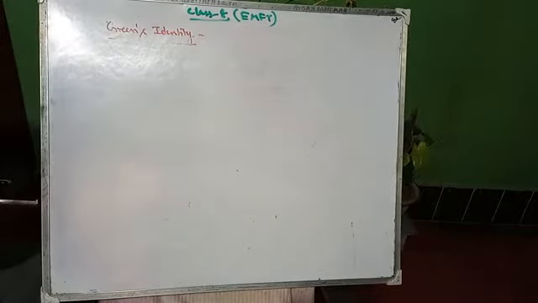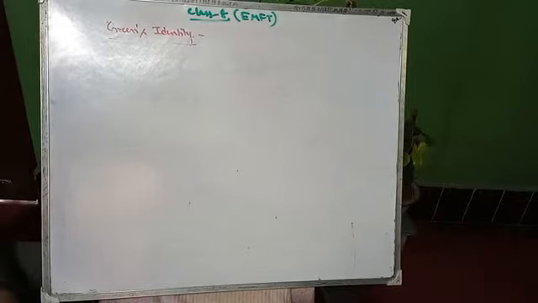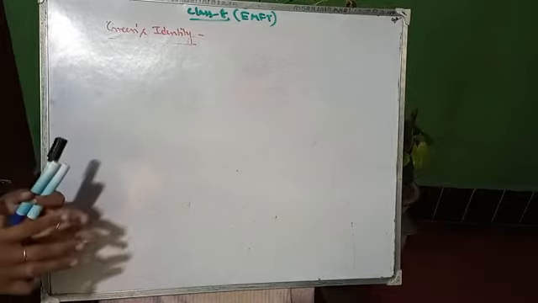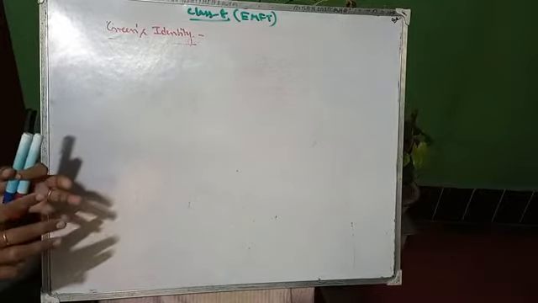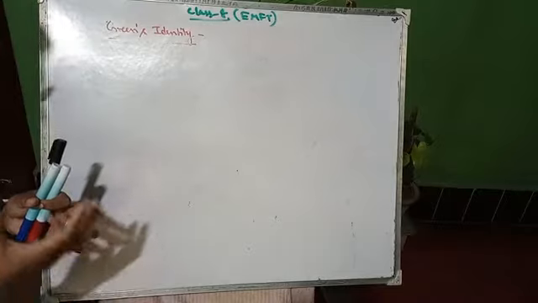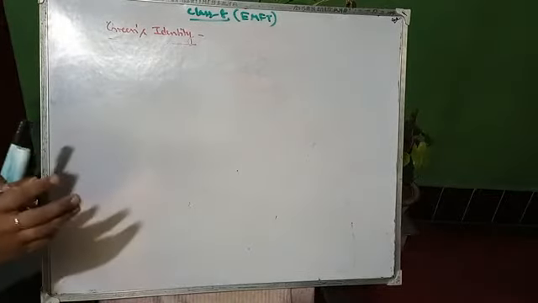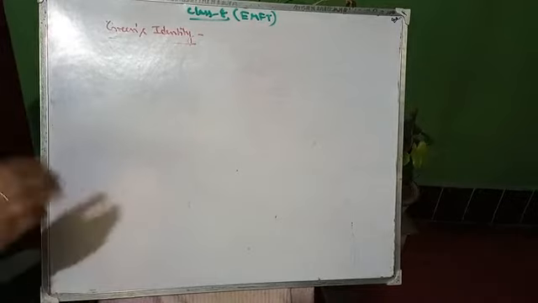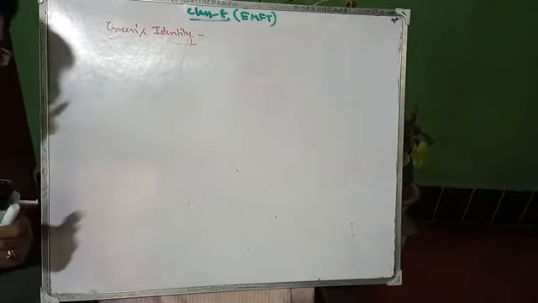Actually, any two scalars can form a vector. The physical concept is that if we combine any two scalars in some important fashion, then it will form a vector quantity.